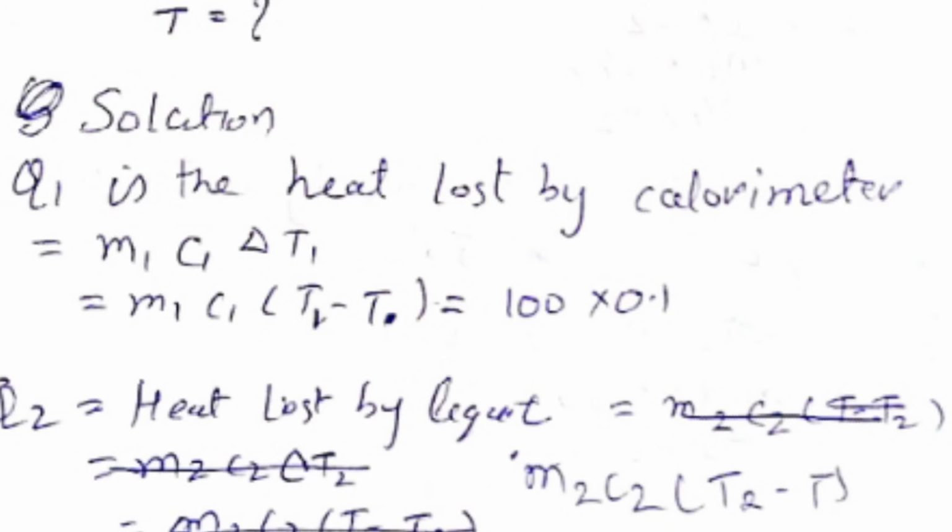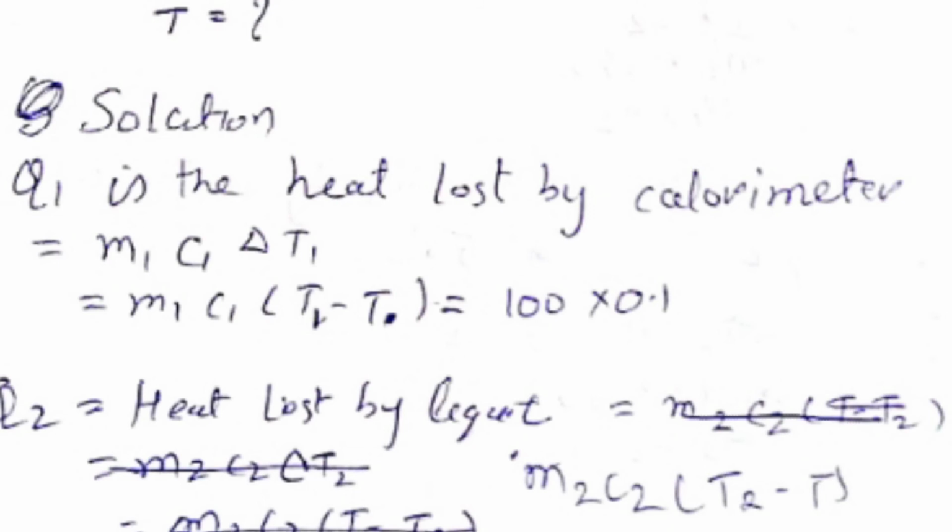So it will be M1 C1 in the bracket T1 minus T. It will be 100 into 0.1 into T1 minus T. That I forgot to write down. If you do not write it, we will substitute at the end, no problem. But remember this thing. It is M1 C1 in the bracket T1 minus T.